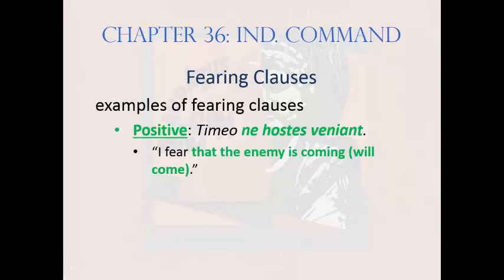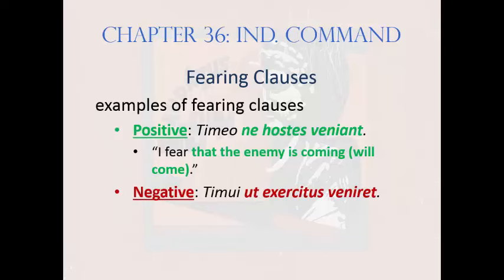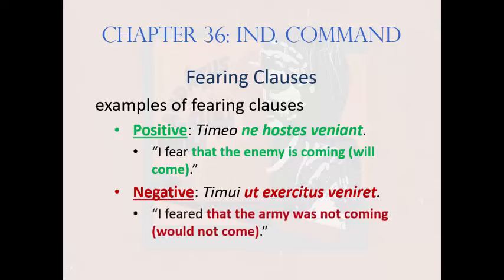Ne means that. Now a negative one. Timui ut exercitus veneret. I feared that the army was not coming or would not come. Ut means that not. Ut and ne are backwards in fearing clauses. That's really the only unexpected thing you'll see here.